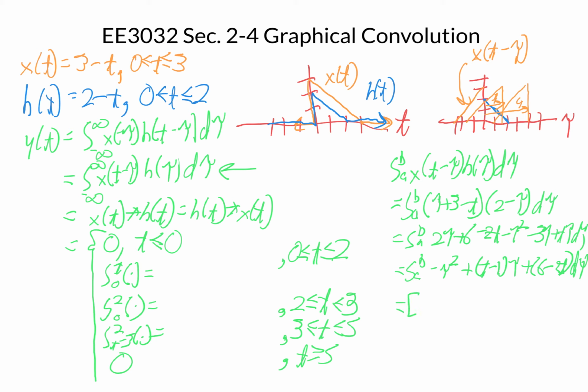So I get the indefinite integral minus tau cubed over 3 plus the constant t minus 1 over 2 tau squared, and then I integrate the constant term with respect to tau, so I have 6 minus 2t tau, and I integrate that from, the limits are going from tau is a to b.